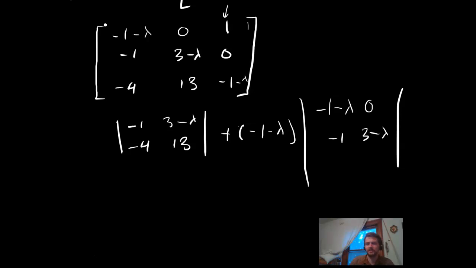Okay, there's my determinant there. So we'll finish writing this out and say this first one gives me -13 minus 12 plus 4 lambda.